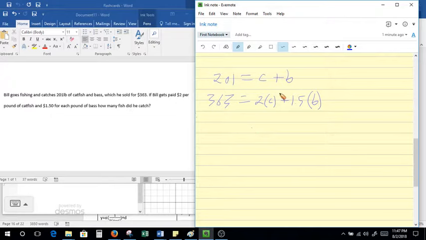So what we can do here then is we can use whatever method we want. Let's use substitution. It seems easy enough. C equals 201 minus B, right?